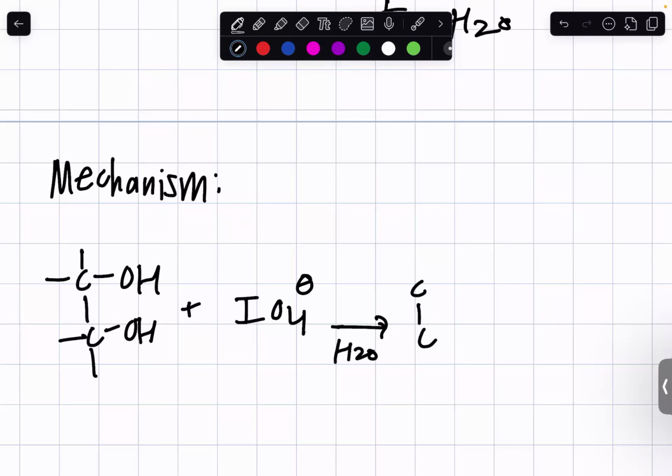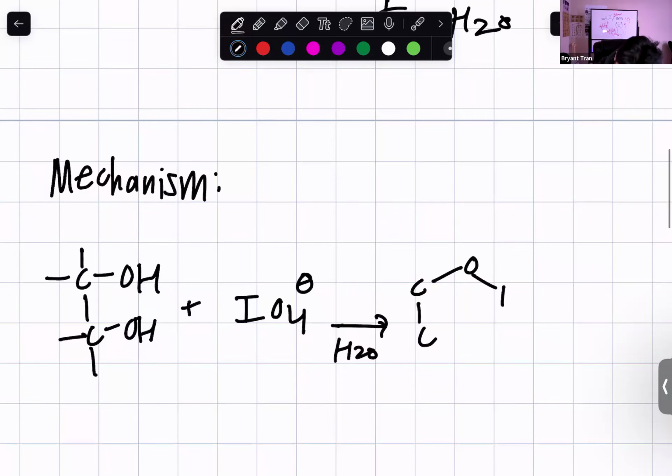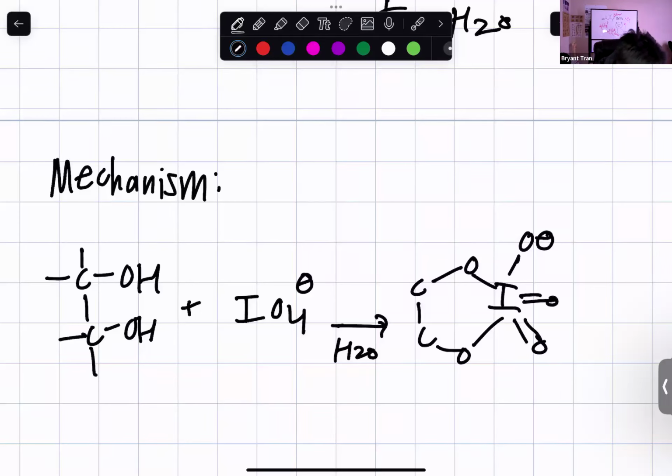We could color code what those atoms are. These carbons here of the vicinal diol in blue, or these carbons here in blue.